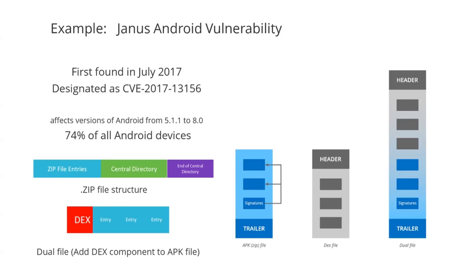The Janus vulnerability combines the two file types by placing the DEX file at the start of the APK file. The combined DEX and APK file can pass the signature verification of the Android system, and also be recognized as a DEX file and executed directly during the execution.